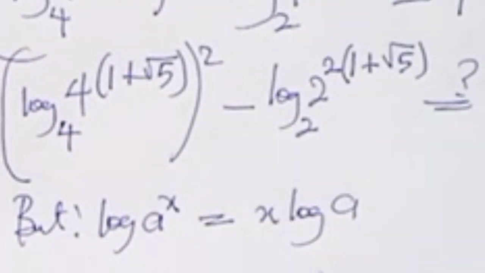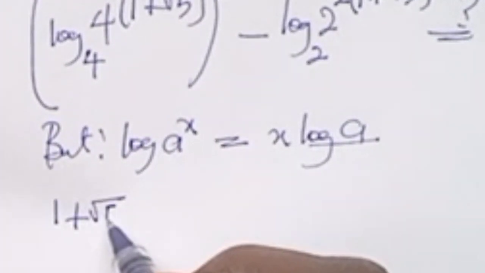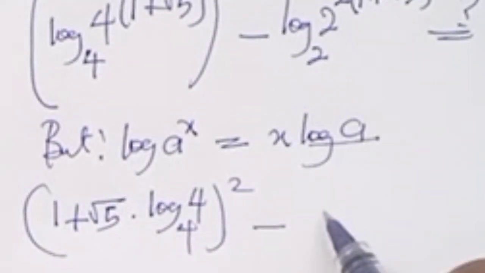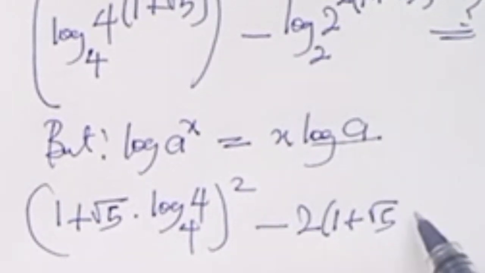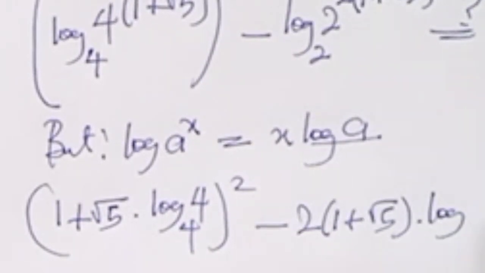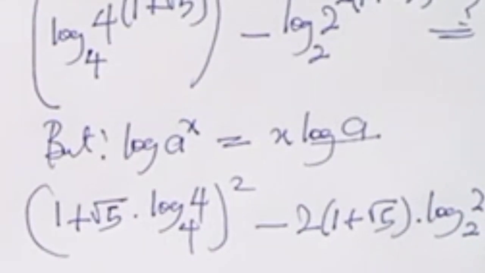But log a to power x is written as x log a. So the power comes down to multiply the log. It will therefore become 1 plus root 5 times log 4 base 4 to the power of 2 minus 2 times 1 plus root 5 times log 2 base 2.